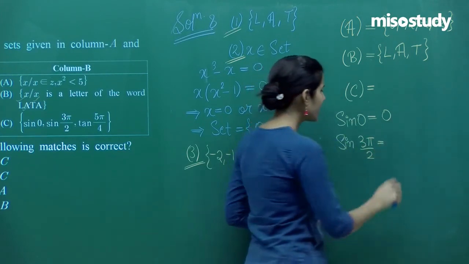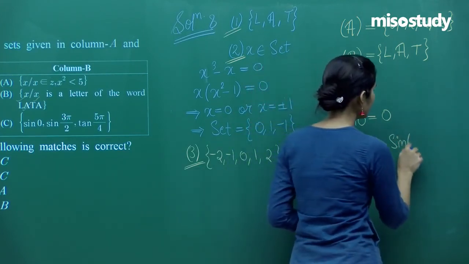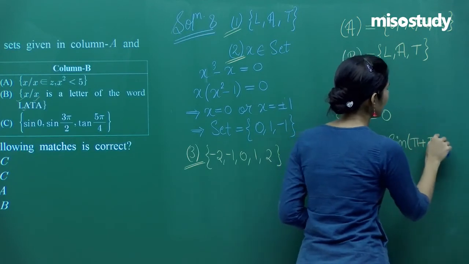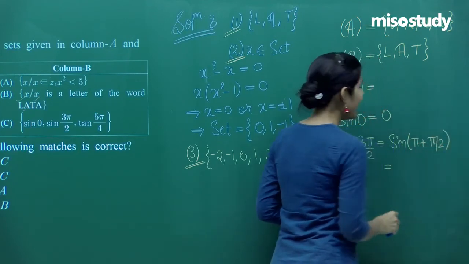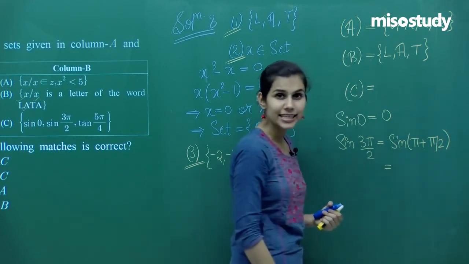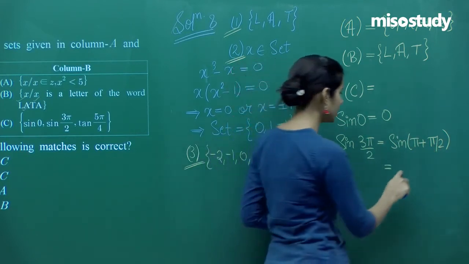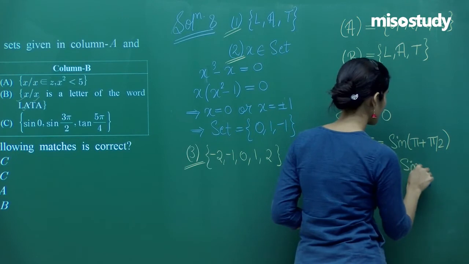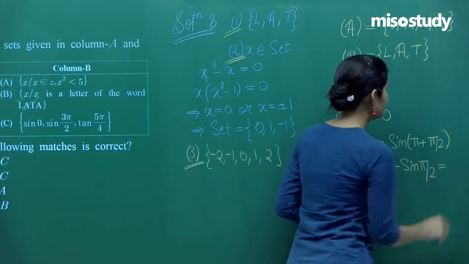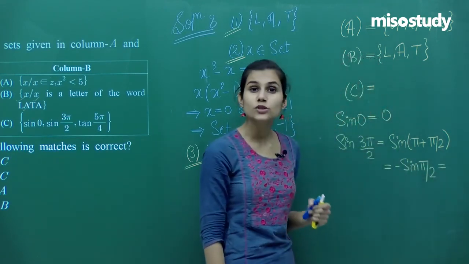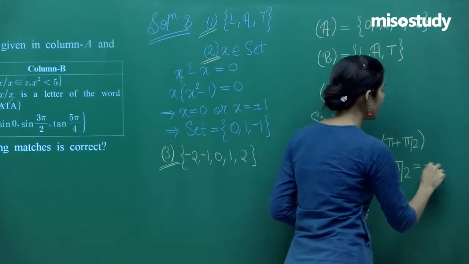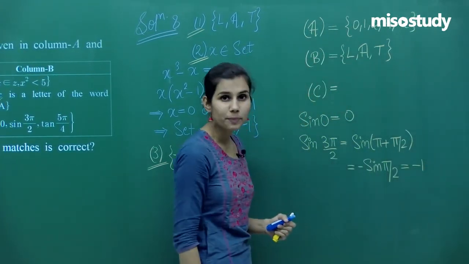Sine 3 pi by 2 can be written as sine of pi plus pi by 2. And sine of 180 plus theta is minus sine theta. You know sine 90 degrees is 1, and therefore minus 1 is what is sine 3 pi by 2.